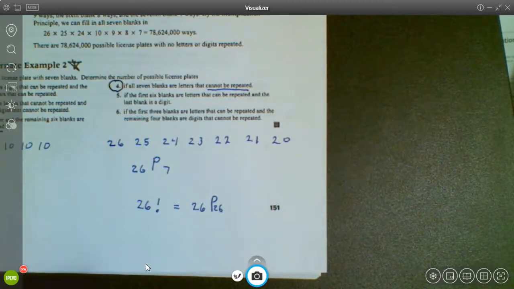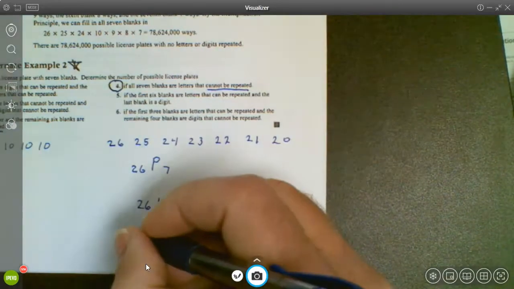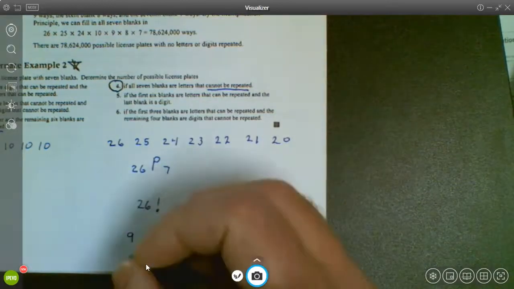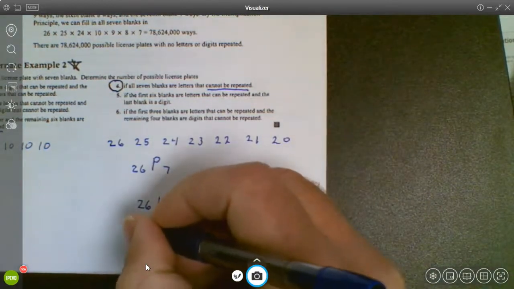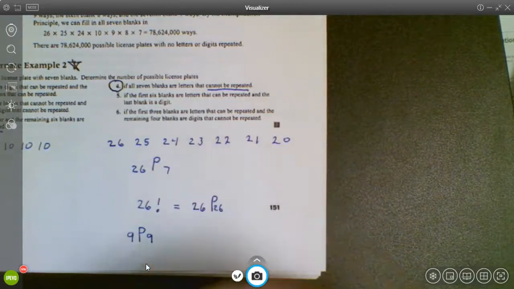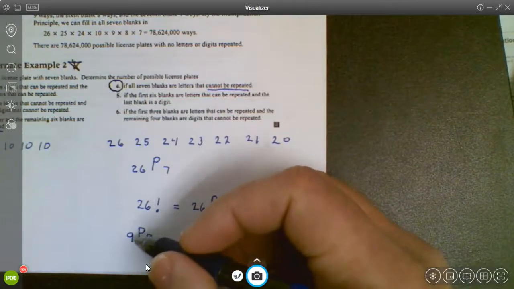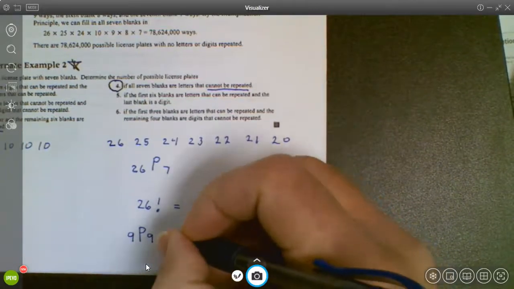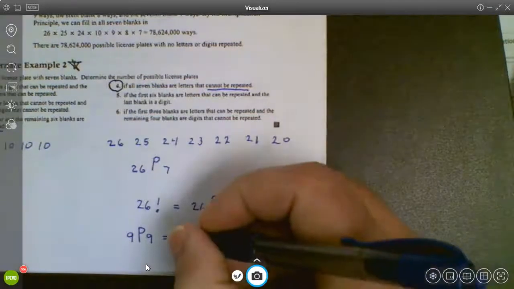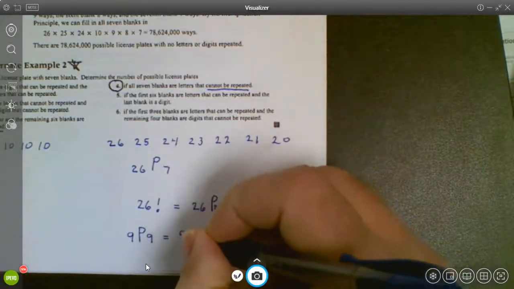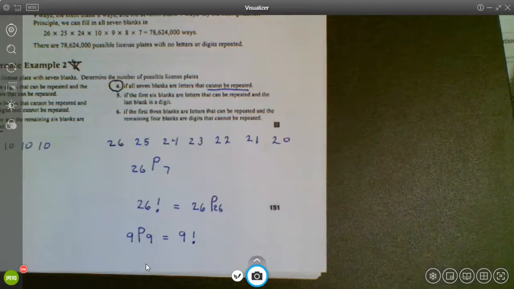If I only had 9 players on my team and I had to put all 9 of them in order for batting for a baseball game, I'm going to put in order all 9 of them. My first batter, my second batter, my third batter, my fourth batter, all the way down to 9. Whenever you have that many objects and you're going to place all of them in an order, that's when you get a factorial. It looks like this. That's what that notation means if you haven't seen it before.